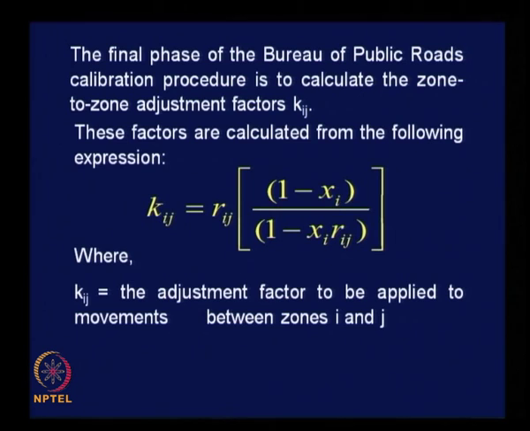This implies that Kij will have different values for different zonal pairs, right. K12 will be different from K13, K14 and so on, right.